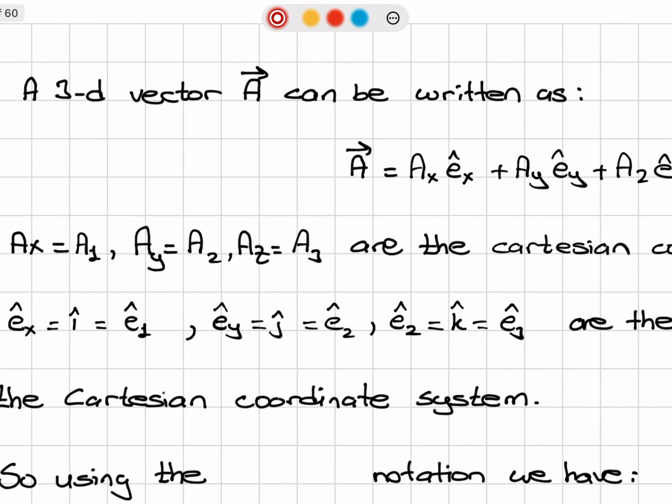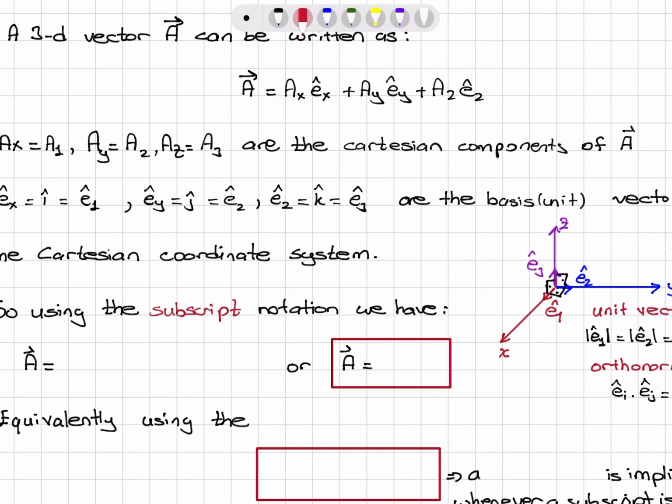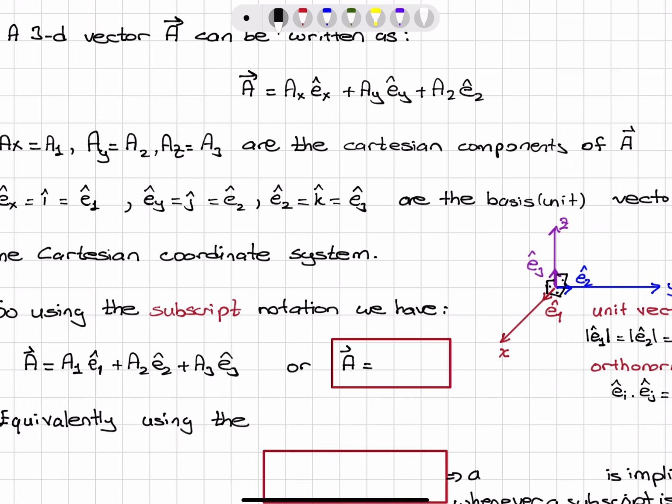Okay, so using the subscript notation, we can write the vector A as its component A1 e1 hat, plus its second component A2 e2 hat, and its third component A3 e3 hat.